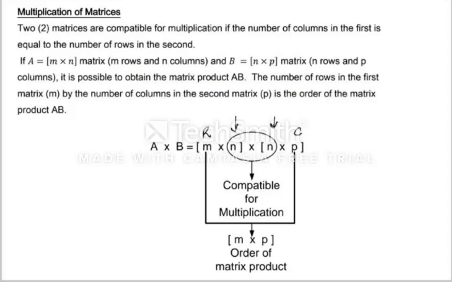So if I multiply a matrix that has 3 rows and 2 columns by another matrix that has, let's say, 2 rows and 1 column, I'm going to get a 3 by 1 matrix. So the number of rows in the first by the number of columns in the second is the order of the resulting matrix when you multiply two matrices.